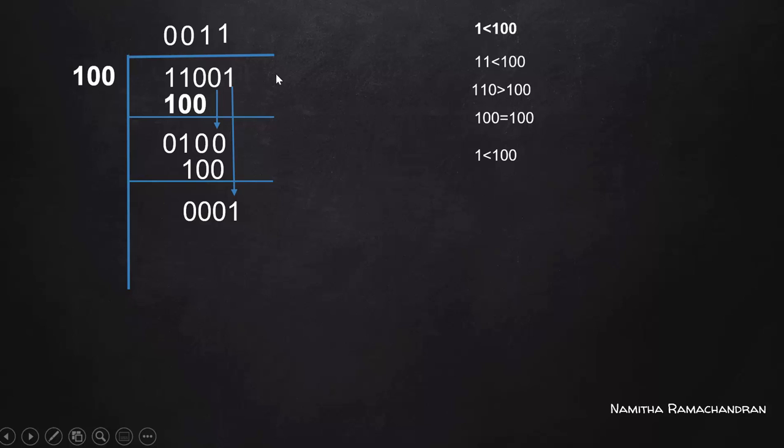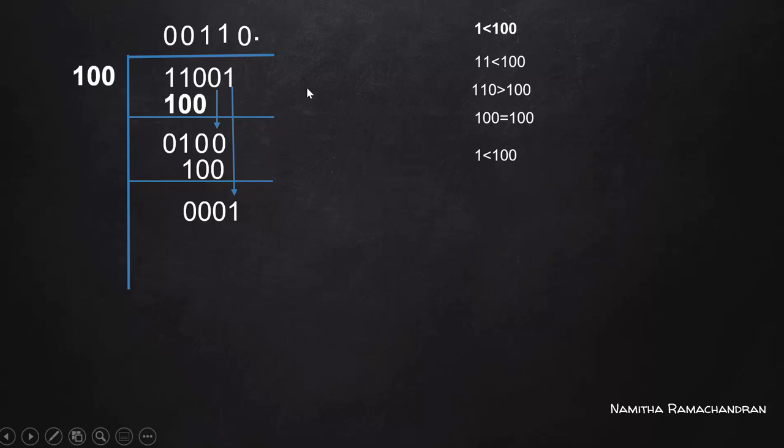And here we have no other bits remaining in this dividend. So we need to put 0 because this 1 can't be divided using this 4. So put a 0 here, and here we have no other bits remaining. Right? So put a fractional point or decimal point here.